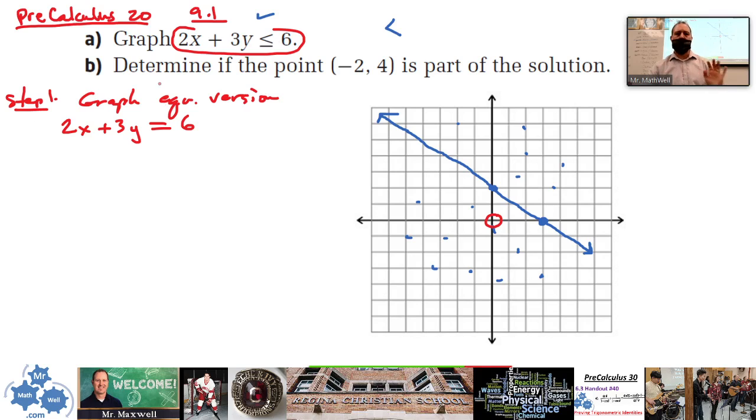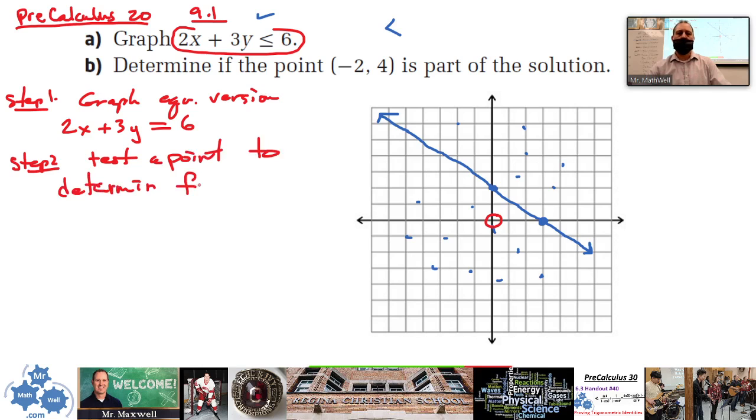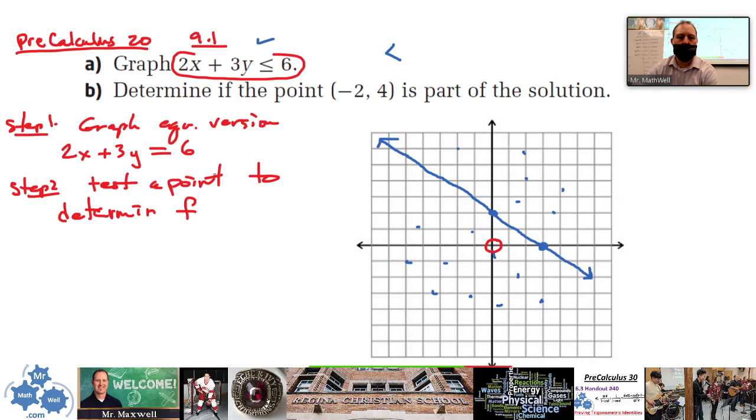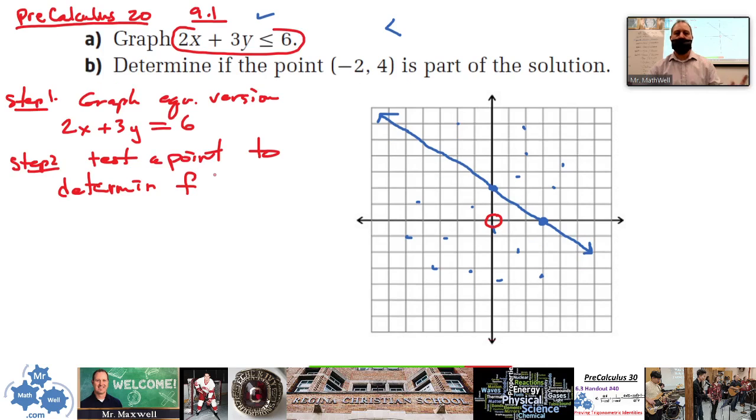So step 1 is graph. Step 2, I would say, would be to test a point to determine the solution region. Oops, do they call it feasible region for you? No, solution region, sorry. Feasible region, I think they call that in a different course, my bad. Solution region.